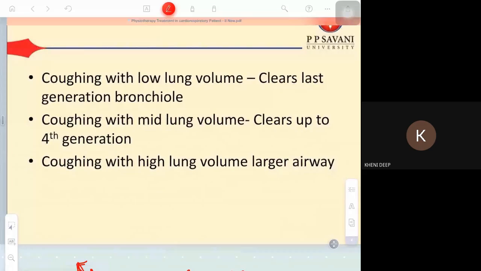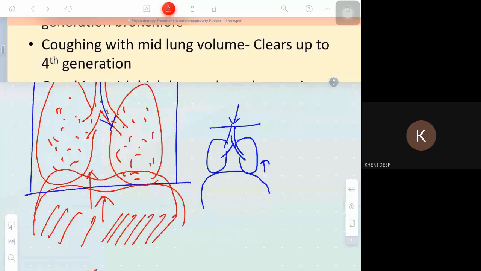So now, coughing with low lung volume, coughing with mid lung volume, coughing with high lung volume. So what does it mean? Coughing with low lung volume basically depends on inspiration. I have given one sentence in the beginning.